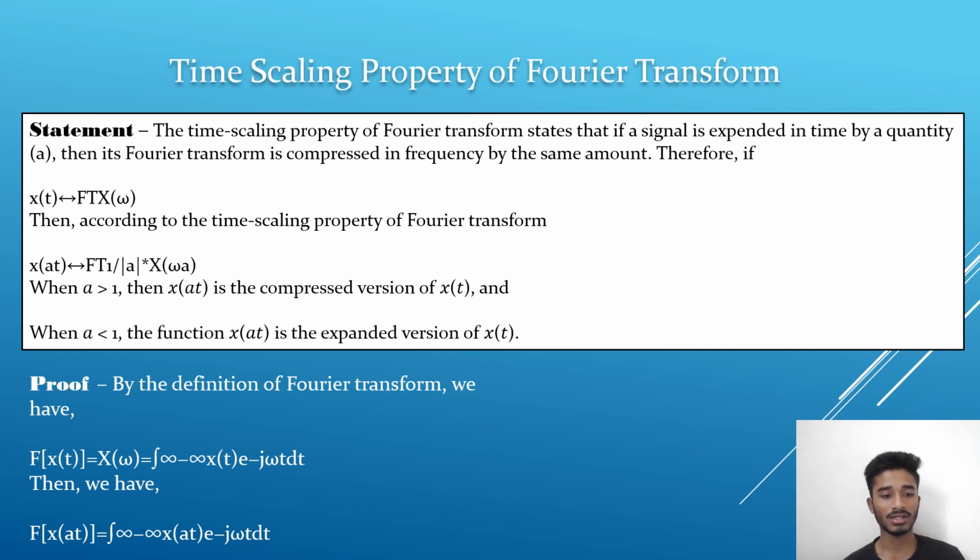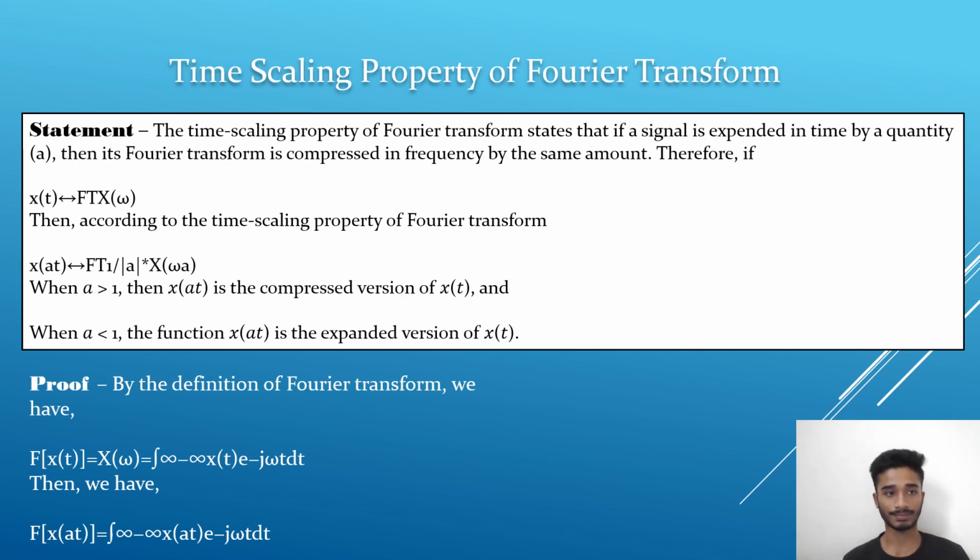Then the Fourier transform of x of at gives us integration from minus infinity to infinity of x of at into e power minus j omega t dt. As we can see, there is no change in the exponential factor. The only thing changing is x of t to x of at over here.